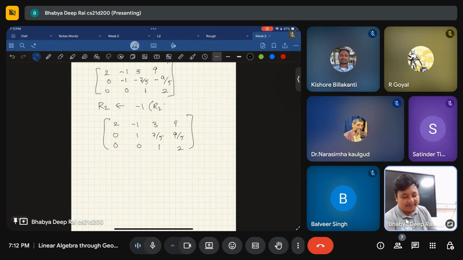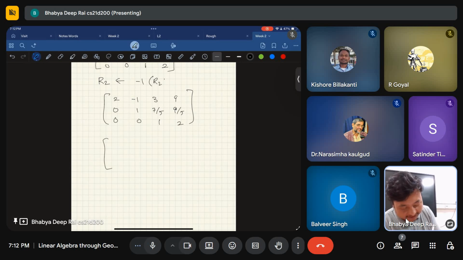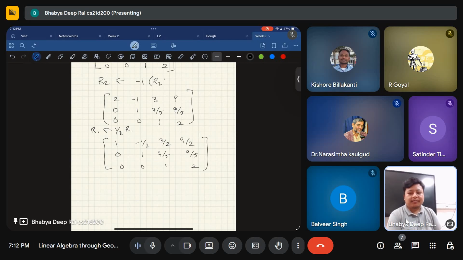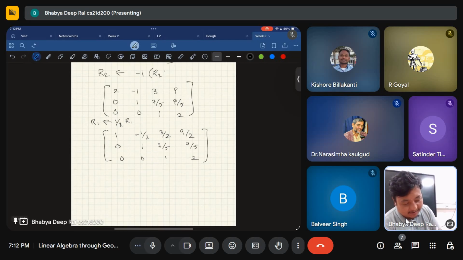Okay. Now finally, to get it to row echelon form, I'll simply divide the first one by 2. So I'll get 1, minus 1 by 2, 3 by 2, 9 by 2. Okay. 0, 1, 7 by 5, 9 by 5, 0, 0, 1, 2. Okay. Now, this is what I have.